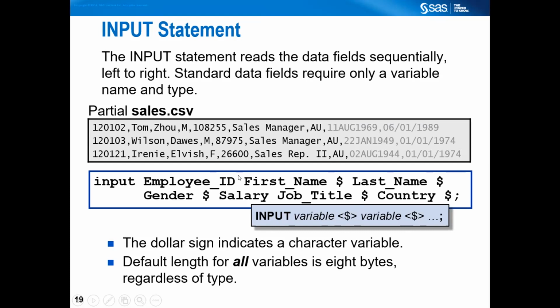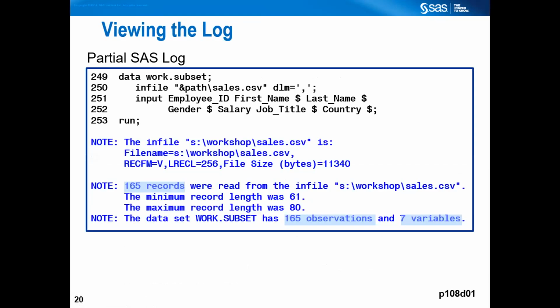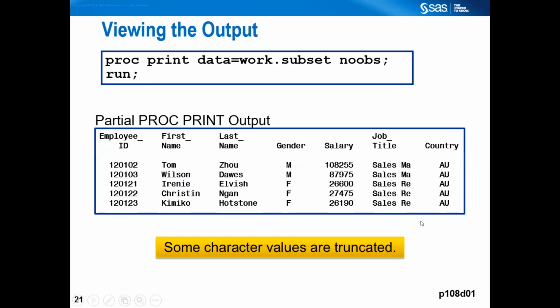After one column instruction, space, second column instruction, space, third column instruction. So this dollar is for this column, this dollar is for this column, which indicates it's a character type of column. And this is what we saw in the log as well, the same instructions. And with proc print, we saw the values, and we saw the values are truncated.